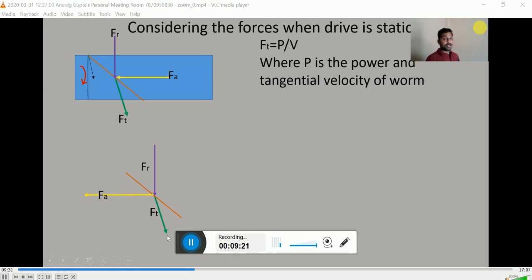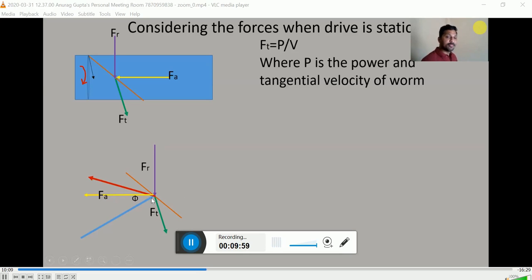Now if we consider the normal pressure angle, it is nothing but the angle between the resultant force of these three forces and the line perpendicular to the helix. So we know this angle. This sky blue line is perpendicular to the helix. This angle is 90 degrees, and this red line is the resultant of these three forces.